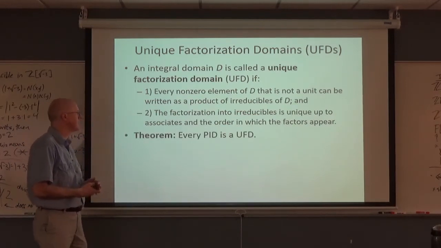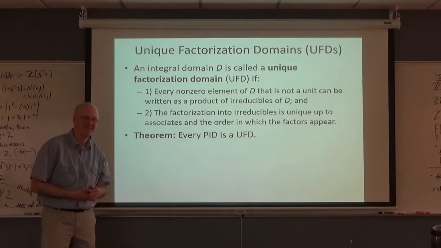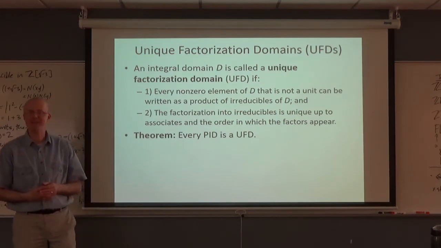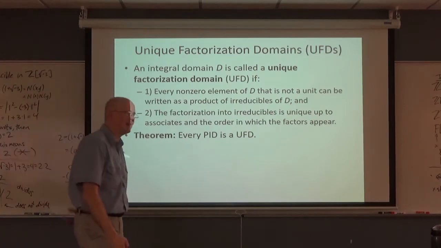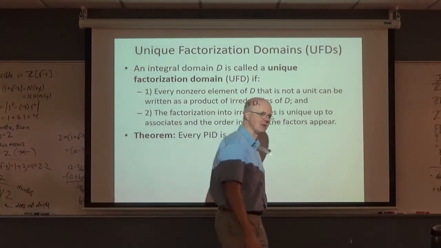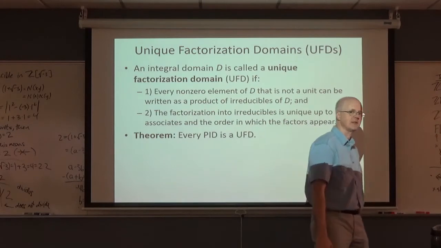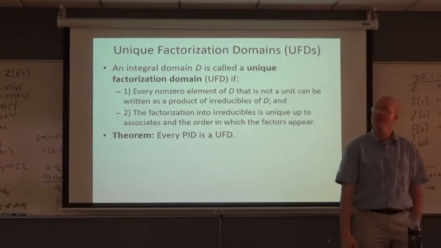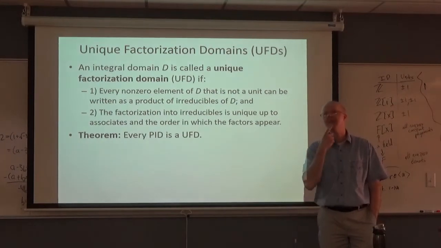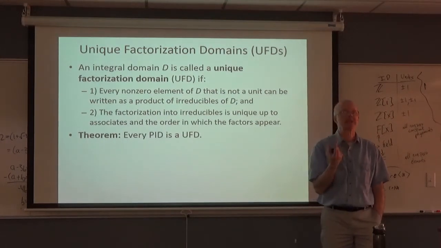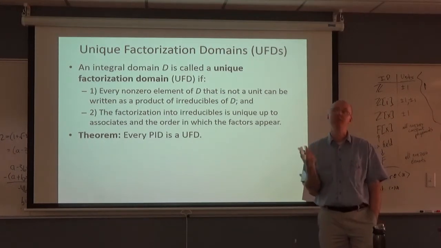Theorem. Every PID is a UFD. Every principal ideal domain is a unique factorization domain. The analog of the fundamental theorem of arithmetic holds in principal ideal domains. Proof of that's pretty hard, actually. Maybe hard is the wrong word, it's long, unpleasant.